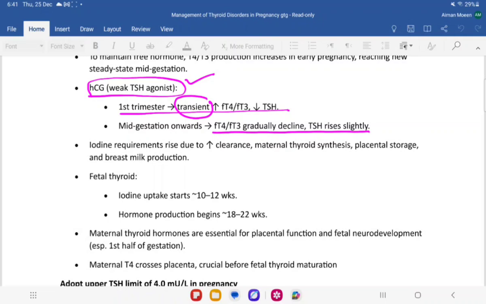In Graves' disease there would be no gradual decline of T3 and T4, but in gestational hyperthyroidism there would be a decline later on, after the first trimester when the HCG is reducing. Also there would be no antibodies against the TSH receptors, that is the thyroid stimulating antibodies, not the thyroid peroxidase antibodies. So this is how you will differentiate between the two, but today we will be focusing more on hypothyroidism. Okay.